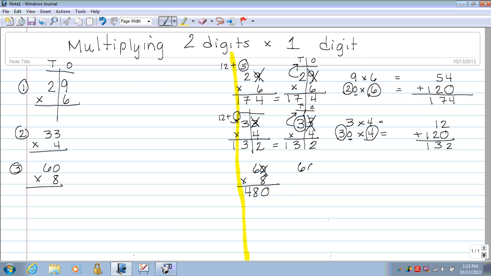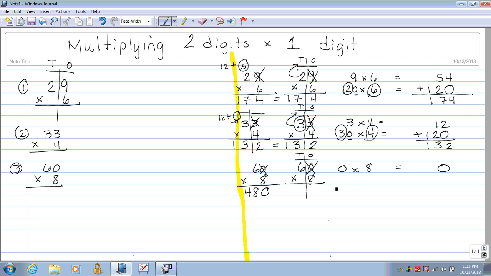If I do this the second way, I want to show you the place values. See why we went over place values in the last topic. We have 0 times 8, and 0 times any number is 0.